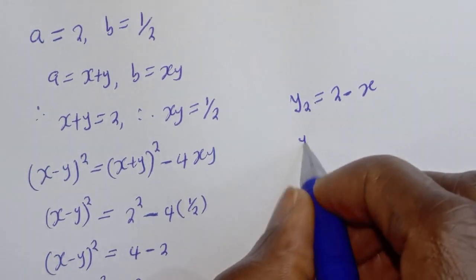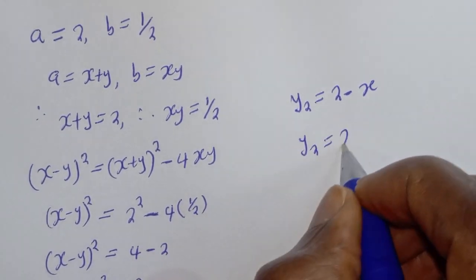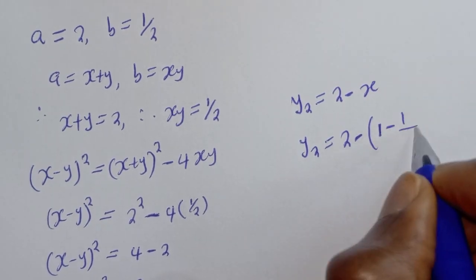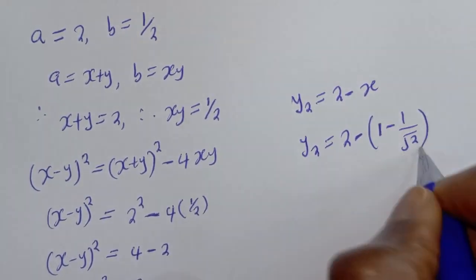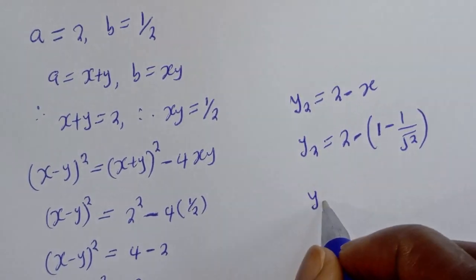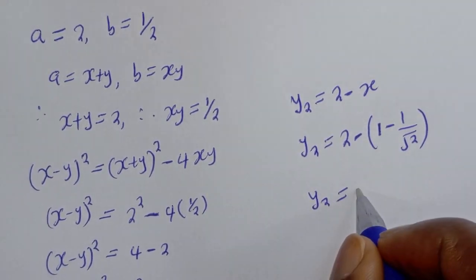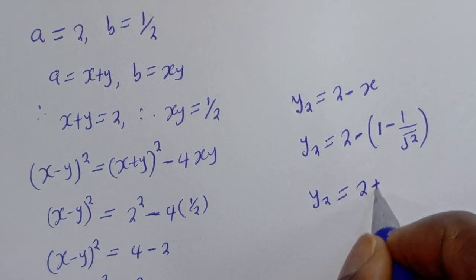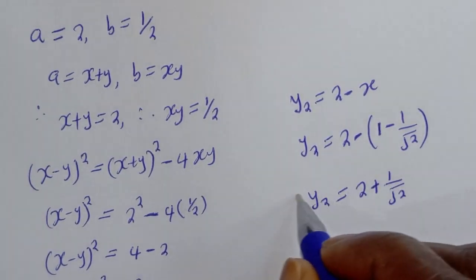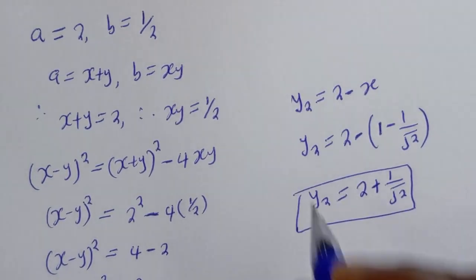Then y2 now will be equal to 2 minus bracket 1 minus 1 over root 2. y2 will be equal to 2 plus 1 over root 2. This is the value of y2.